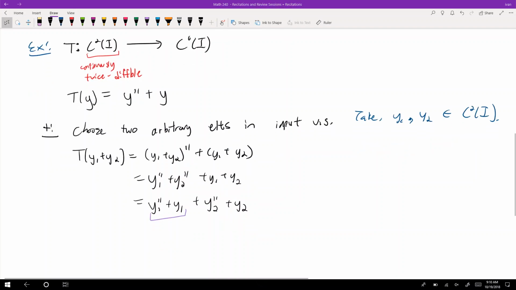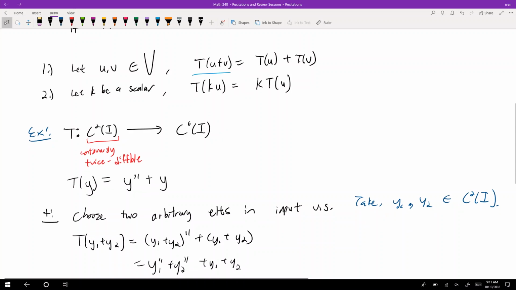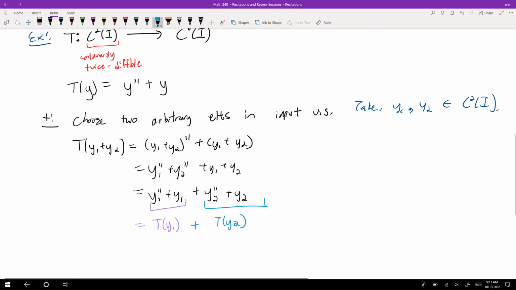It's T of y1. And then what is y2 double prime plus y2? Yeah, T of y2. And so we've done exactly what we wanted to do up here, right? We split up this u plus v into a u plus a v. And so we have T of y1 plus y2 is equal to this. So that's good.